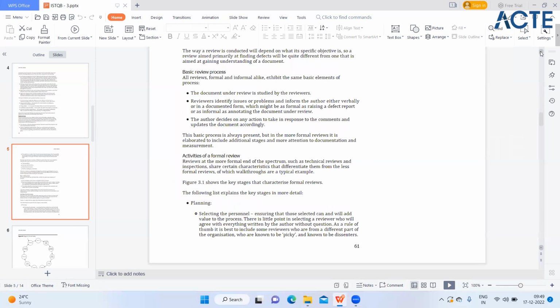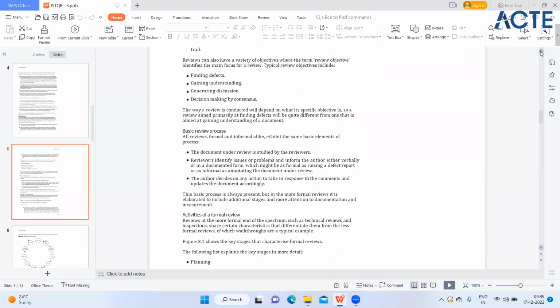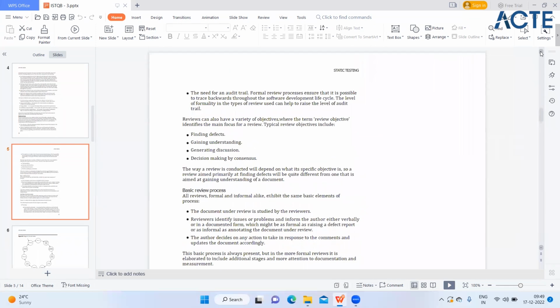Okay. Now, the need for audit trail. Formal review process ensures that it is possible to trace backwards throughout the software development life cycle. So we have the software development life cycle, in which we have these stages, from requirement to final code delivered.